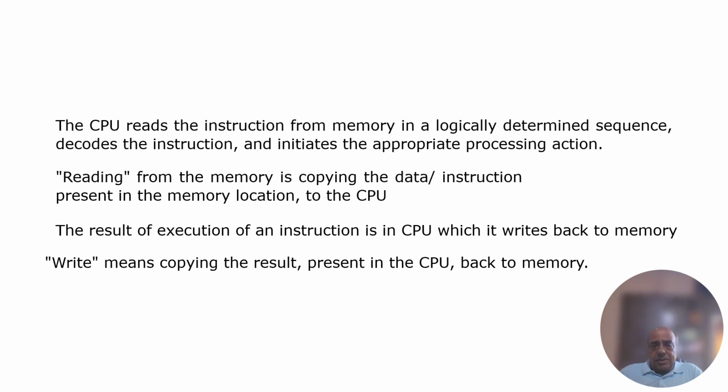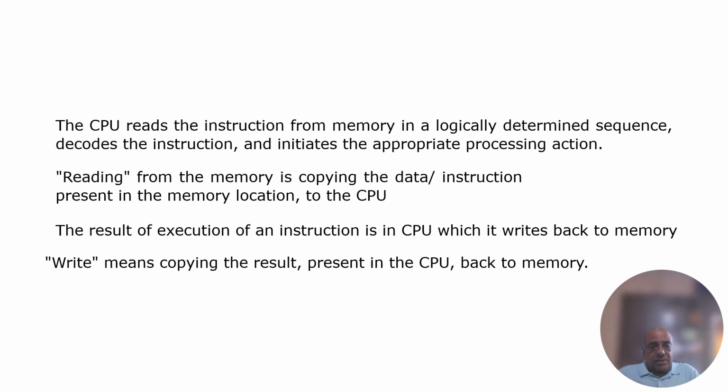Reading from the memory is actually copying the data or instruction present in the memory back to the CPU. It's a copy instruction. Copy from memory to CPU. When the instruction is executed, it gives out some certain kind of result. This result is always available within the CPU's registers.